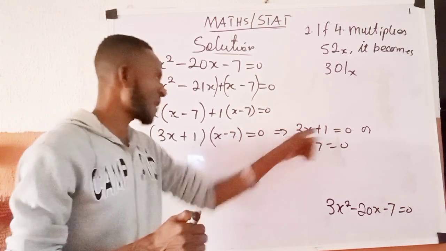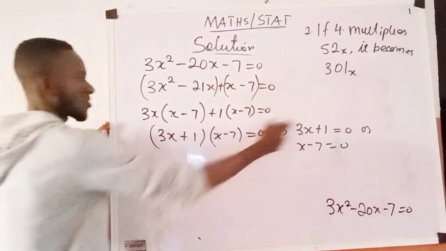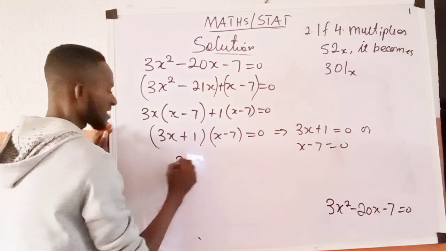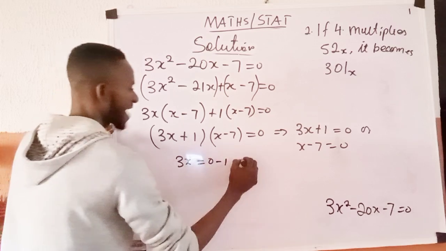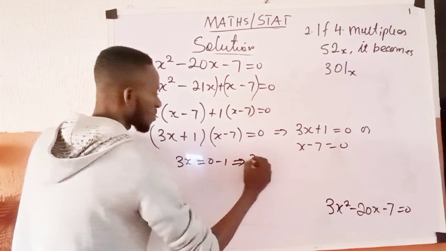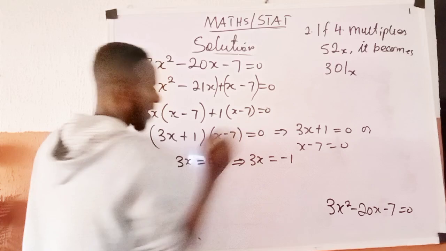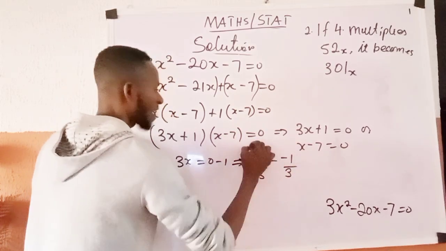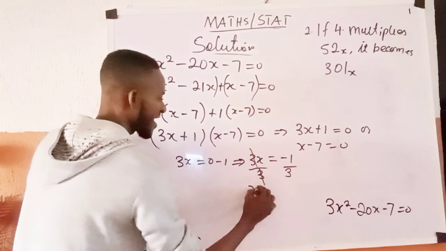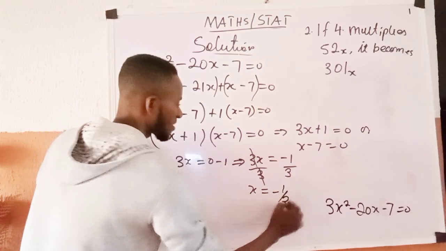But when we solve it, how is it going to be minus 1 over 3? Because what we are going to have here is going to be that 3 what x is equal to what? 0 minus 1. And this implies that this is what 3 what x is equal to minus 1. So we now say all over 3, all over 3. So that this can cancel this, and my x becomes what? Minus 1 over what? 3.